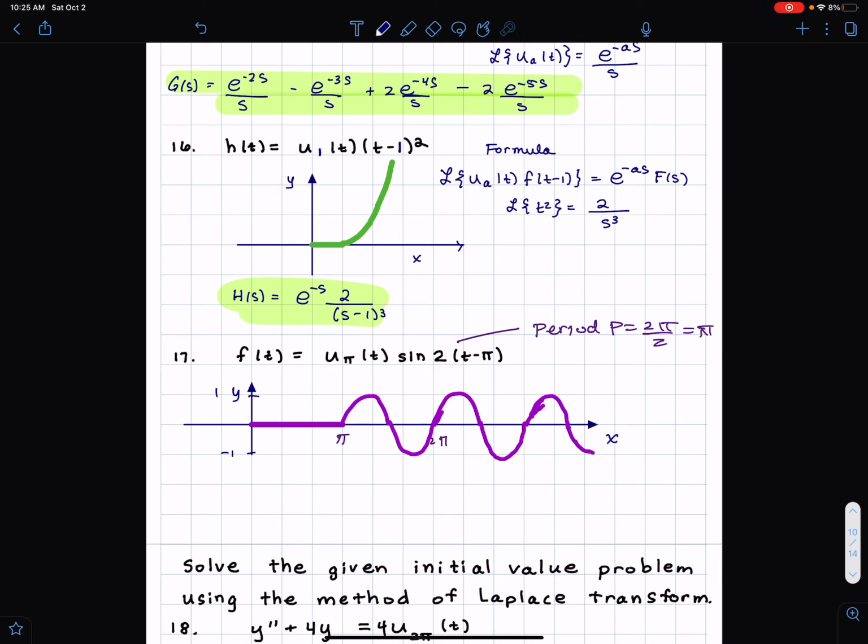So then I'll use this formula that I have above here, but I also need that the Laplace transform of sine of bt is b over s squared plus b squared. So capital F of s, what we're trying to find, is going to be e to the negative pi s because of this part here, and then the Laplace transform of our function.